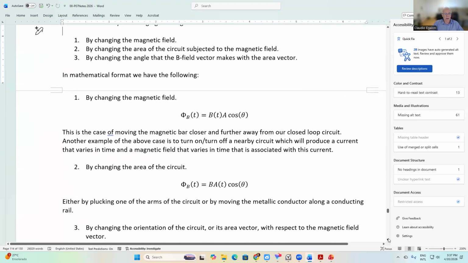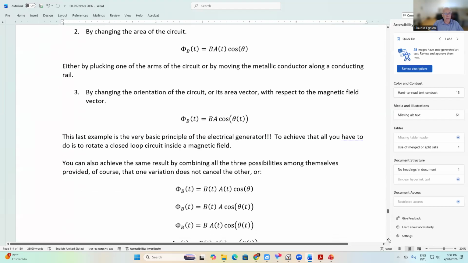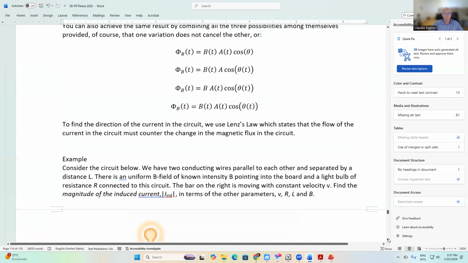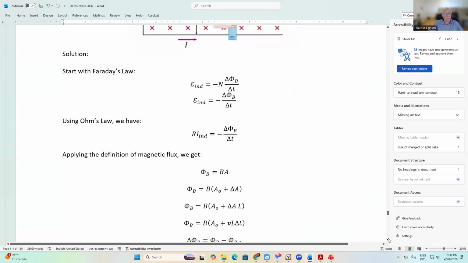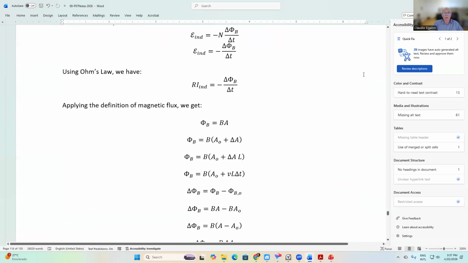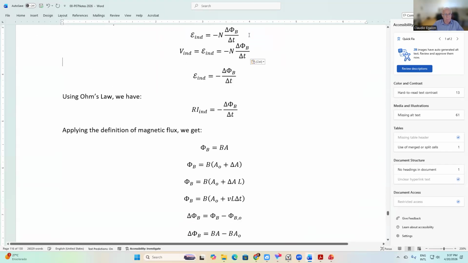The second important equation is the magnetic flux. Even better, let's see, did I put N in there? I think I did, right? Yeah, I did put N in there.